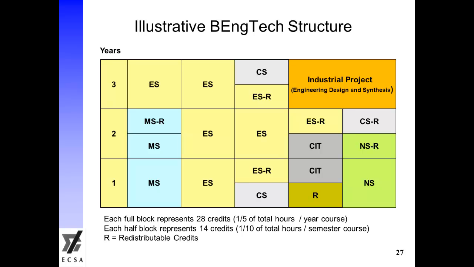In this slide, we can see an illustrative Bachelor of Engineering Technology structure. Each full block represents 28 credits, or 1/5 of the total hours in a year. ES stands for Engineering Science, MS for Mathematical Science, NS for Natural Science, CS for Complementary Studies, CIT for Computing and IT, and so forth.